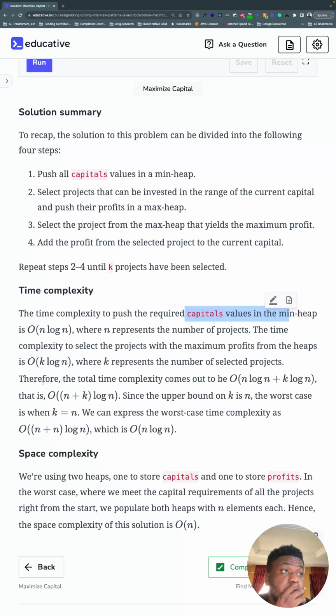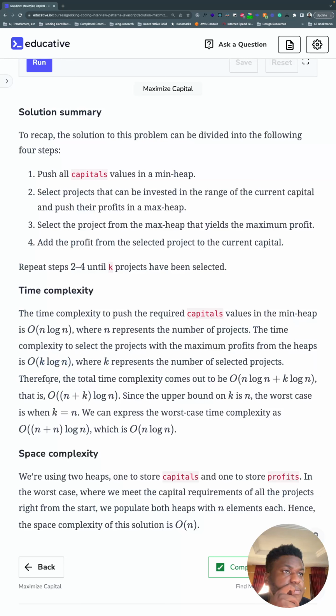The time complexity to select the projects with the maximum profits from the heap is k log of n, where you only pick k times, and the extraction process is log of n, so k times log of n.